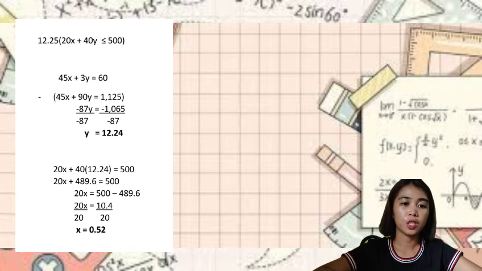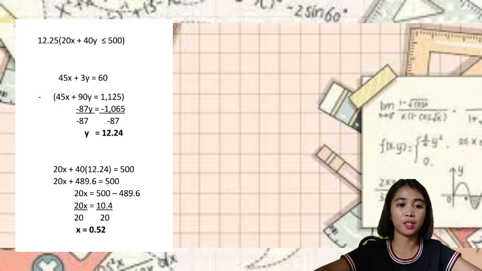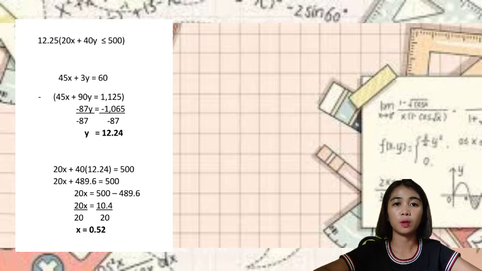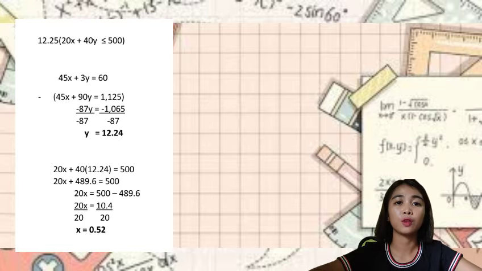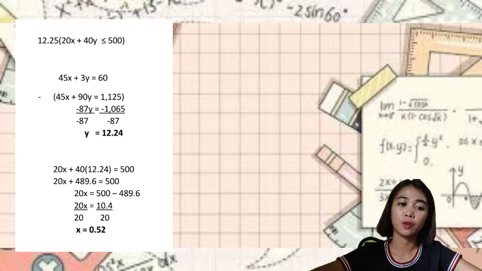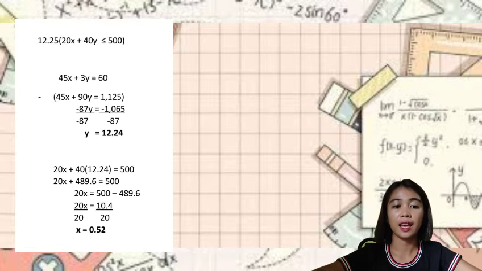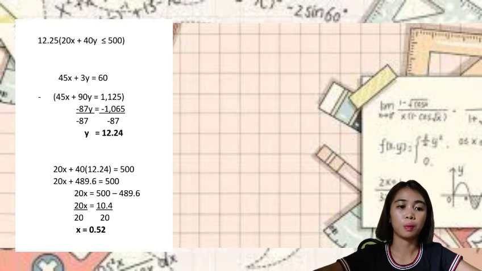So, the first point occurs in the constraints 20x plus 40y less than or equal to 500 and 45x plus 3y equal to 60. So we need to think of a number so that we can cancel the x and make it into 0. In this problem, I use 12.25 multiplied to 20x plus 40y less than or equal to 500.